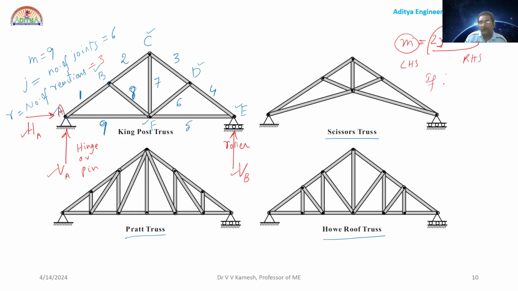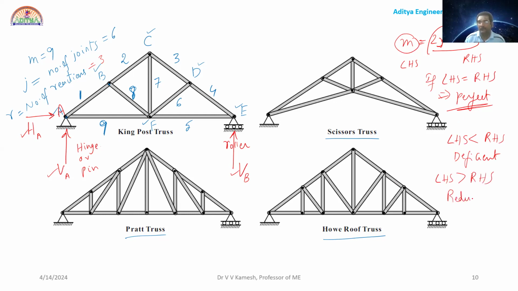If LHS is equal to RHS, you call it perfect. And there are two other conditions if not equal. LHS will be less than RHS, you call it deficient. Suppose LHS is greater than RHS, you call it more than required, so it is redundant.